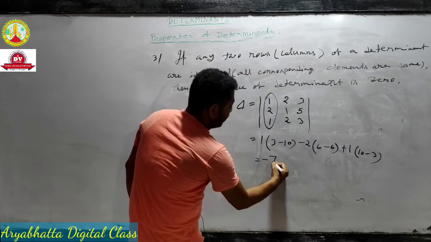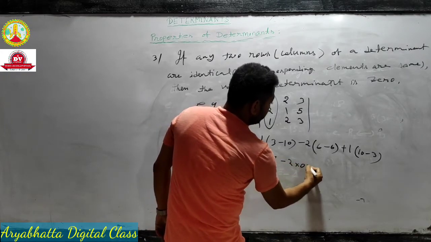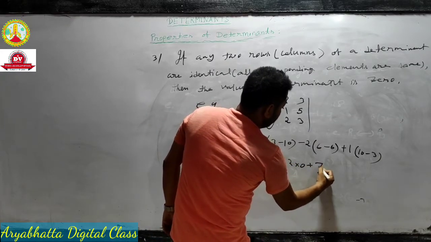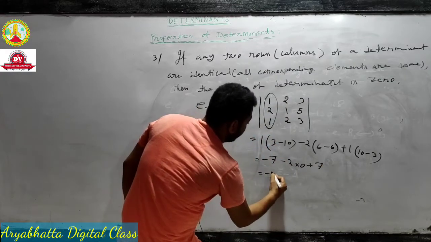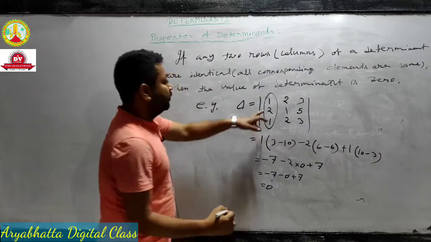This is equal to minus 7 minus 2 into 0 plus 7, which is minus 7 plus 0 plus 7, equal to 0.